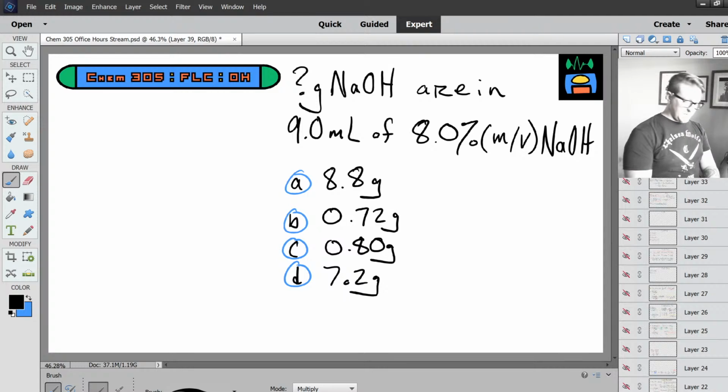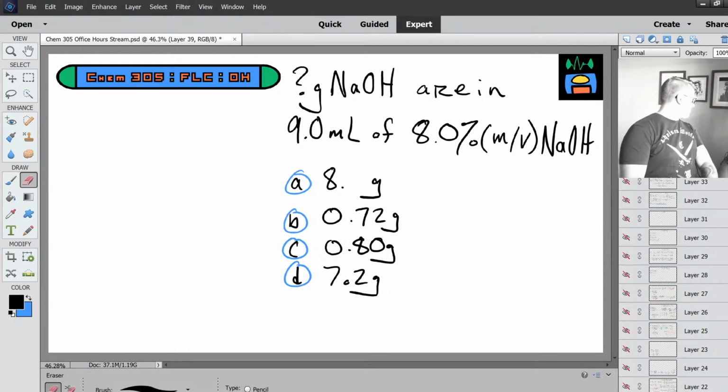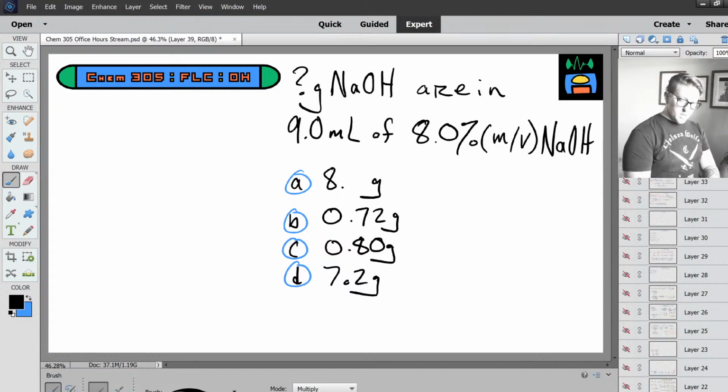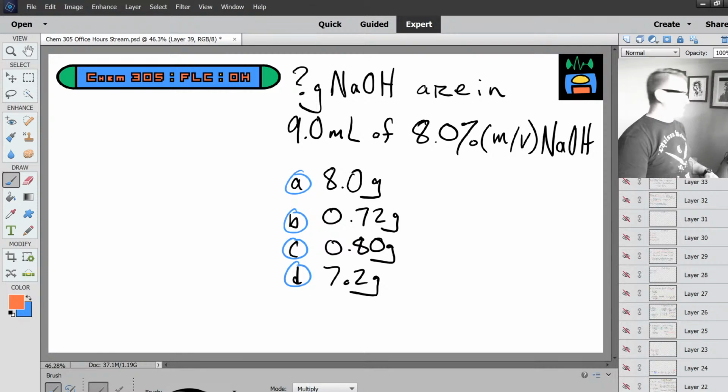And so, not 8.8, I think it's 8.0. So when I look at the sig figs, just to finish this thought, we're doing multiplication, and all of these answers have 2, so I was like, well, all the sig figs are right for this problem.